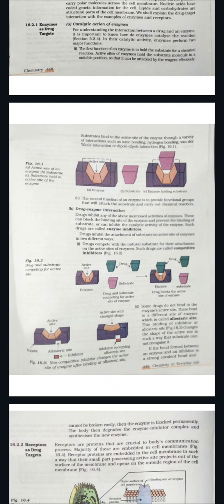Some drugs do not bind to the enzyme active site. These bind to a different site of the enzyme which is called the allosteric site. This binding of the inhibitor at the allosteric site changes the shape of the active site in such a way that the substrate cannot recognize it. If the bond formed between an enzyme and an inhibitor is a strong covalent bond that cannot be broken easily, then the enzyme is blocked permanently. The body then degrades the enzyme inhibitor complex and synthesizes the new enzyme.